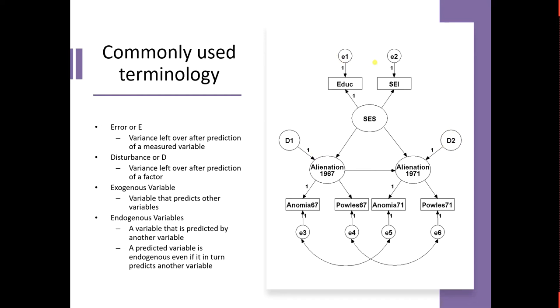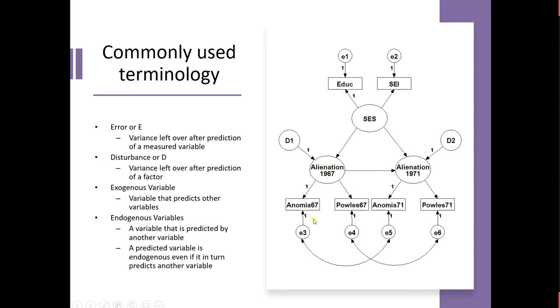So error variances are generally associated with observed variables, while endogenous variables, if they are latent, have errors, but those errors are not called errors, they are called disturbances.